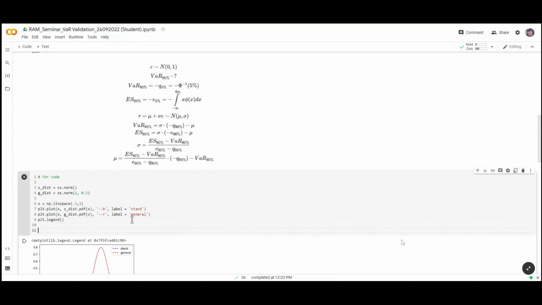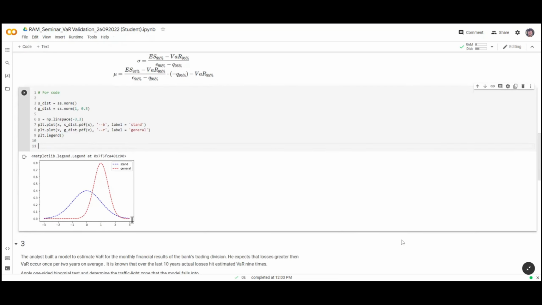Okay, so now let's see the values for standard distributions. Standard distributions, very easy to see.